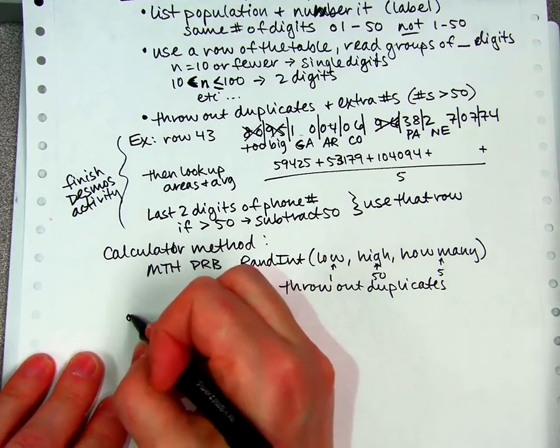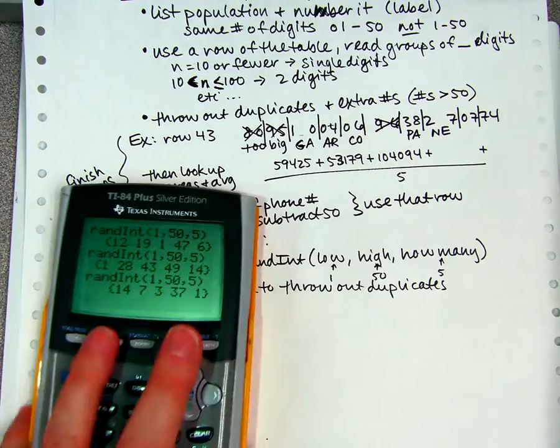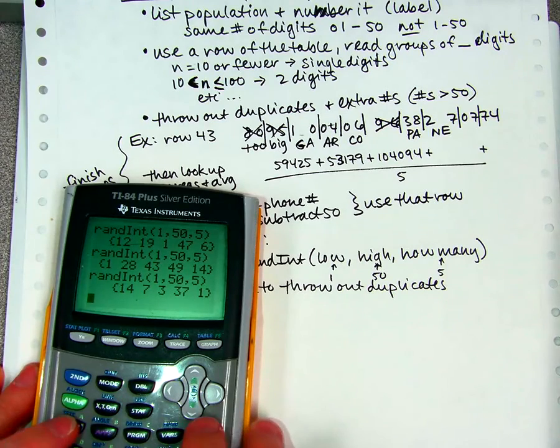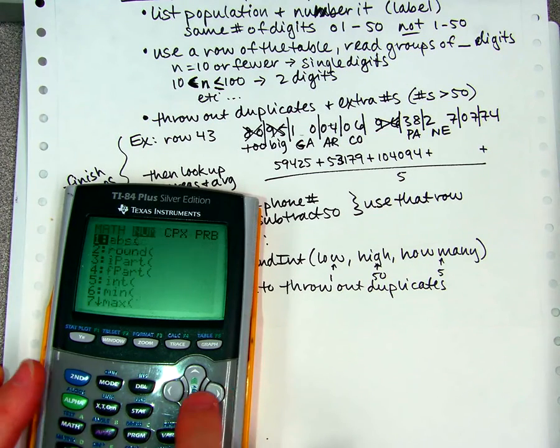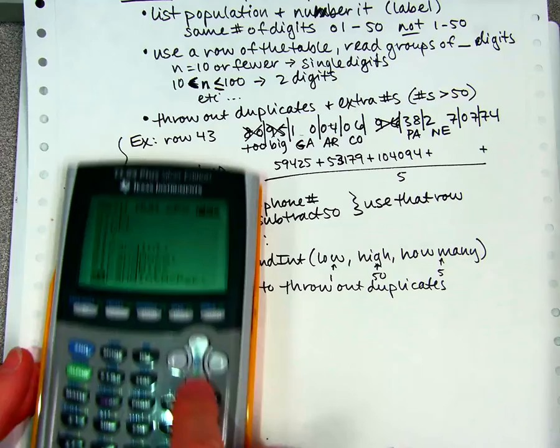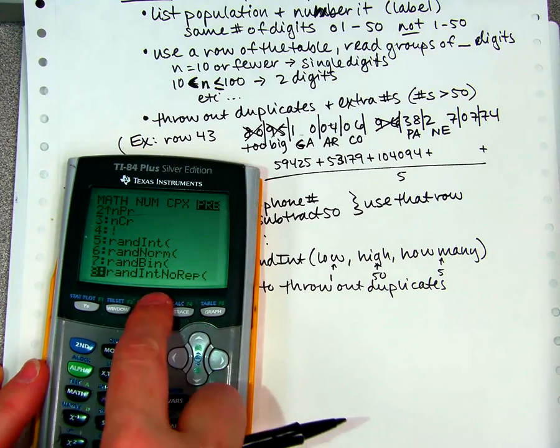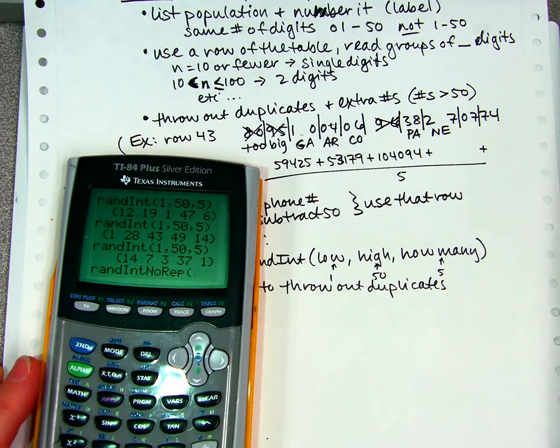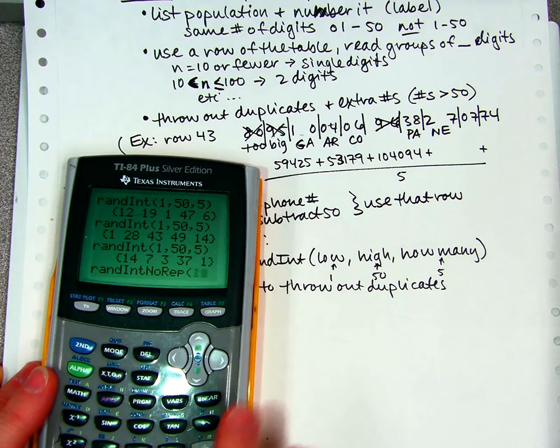Or on the newer calculators, the TI-84 Plus has this, and some of the TI-84s without a plus have it. Math, probability. Way down at the bottom, there's a thing called randIntNoRep, which is basically no repeats. So you could do 1, 50. I don't think it'll let you enter the comma 5. I'm testing that just to see.